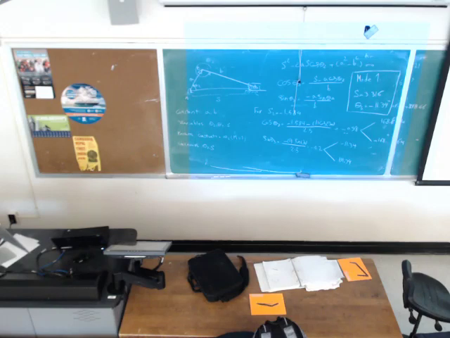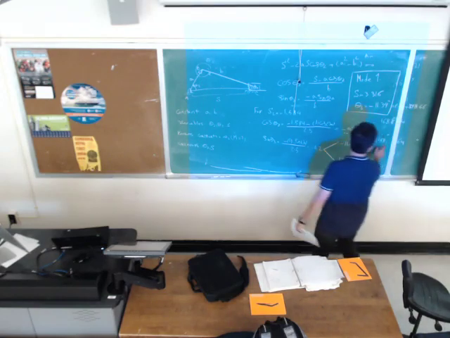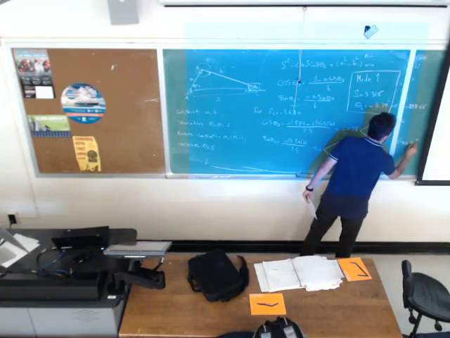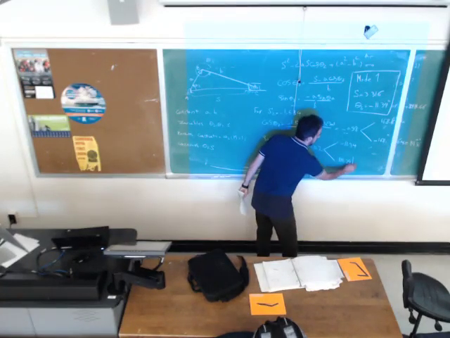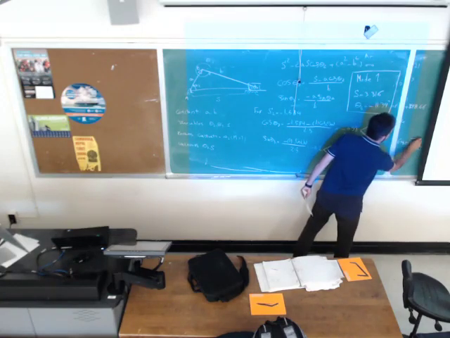So it's going to be 360 minus 168.64, which is 191.36. So this is the same as 191.36, and these two are a matching pair.